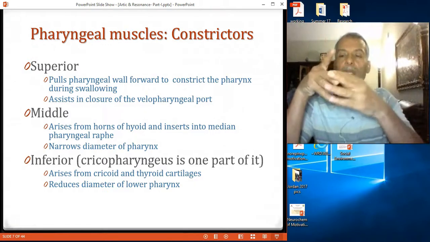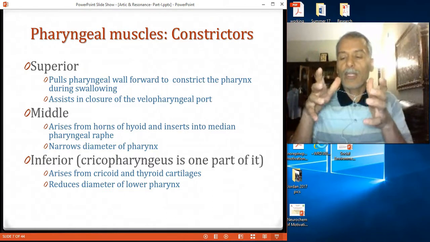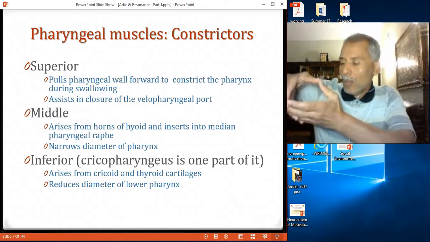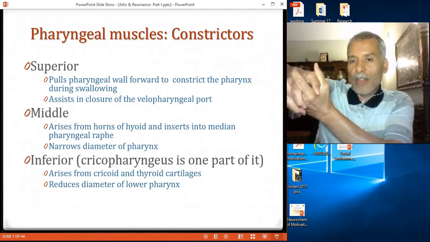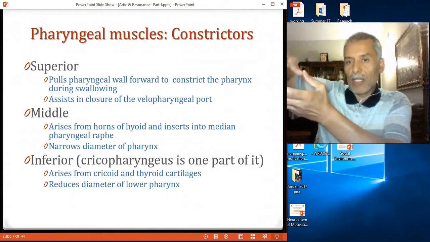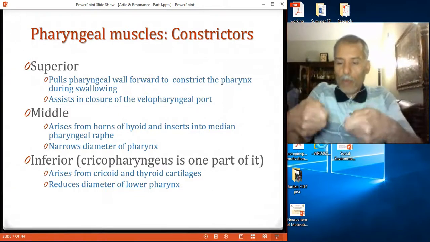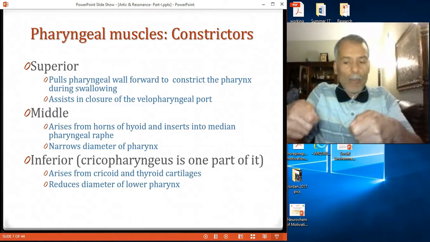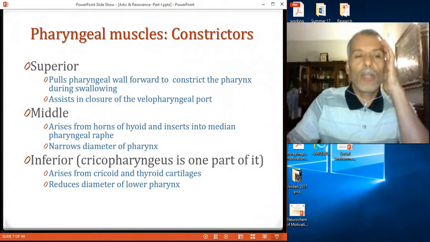And in the front, they're attached to other things in the oral cavity. So these muscles, when they contract, they constrict, they narrow the pharynx. And when they relax, they can dilate the pharynx. Another way to dilate it is to lift it up and open it. As you lift it up, you enlarge it, like when you have a bag, lift it up and make it larger as it goes up, because there's more room up here for expansion.